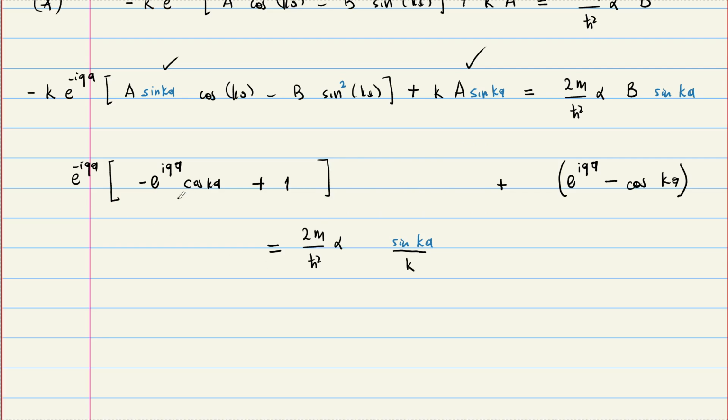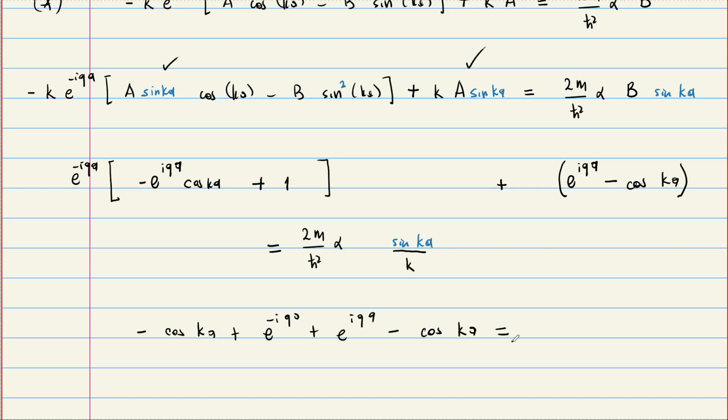Now this is distributed, so this is minus cosine Ka, so this is plus e to the minus iQa plus e to the iQa minus cosine Ka.